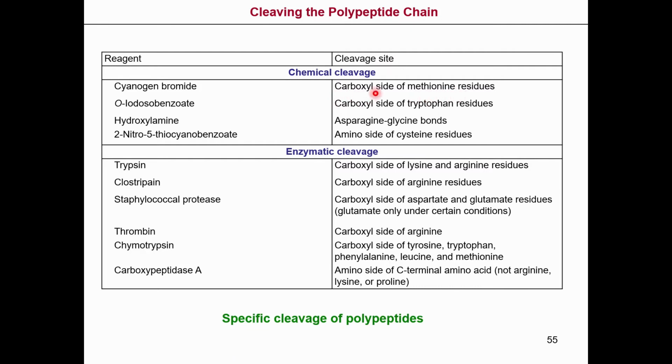And usually we use enzymatic cleavage, and you have the name of the enzyme and where it cuts the peptide. For example, trypsin cleaves the peptide on the C side of lysine and arginine residues. You don't have to learn this table. I always give you the cleavage site of each reagent.